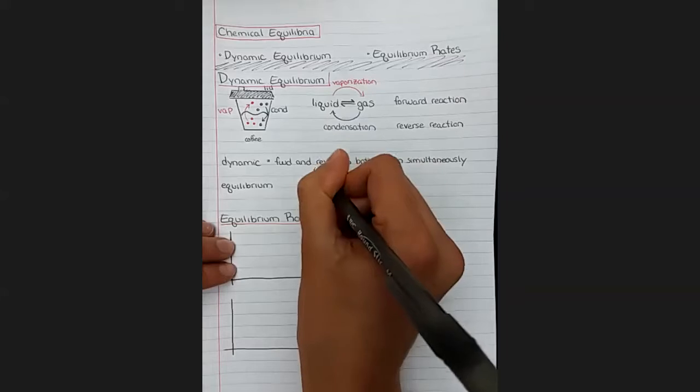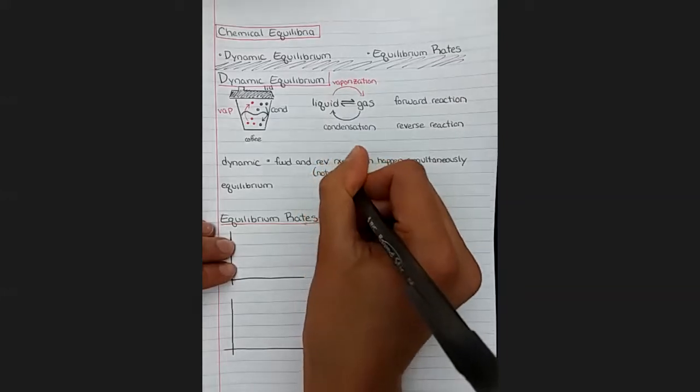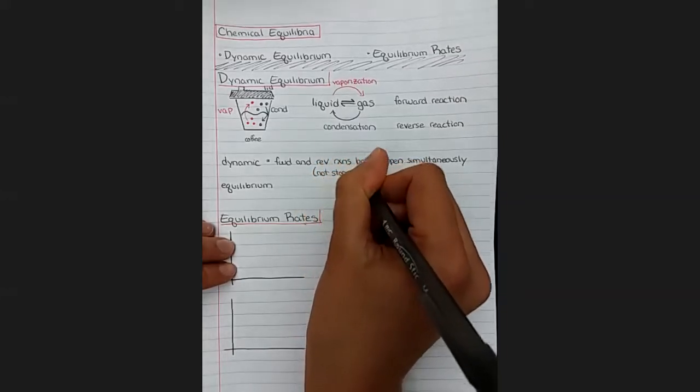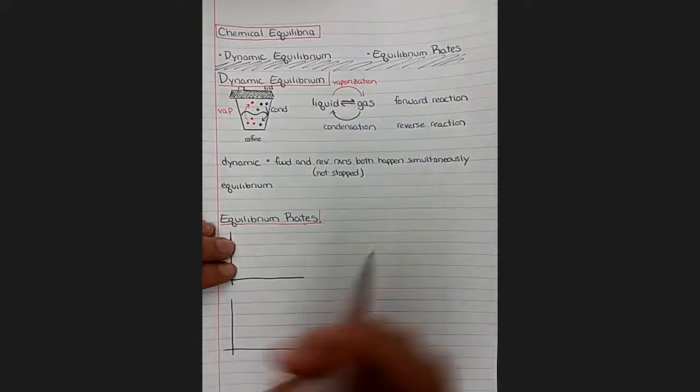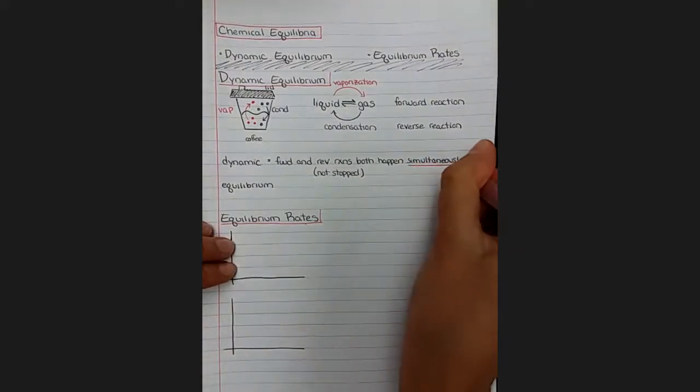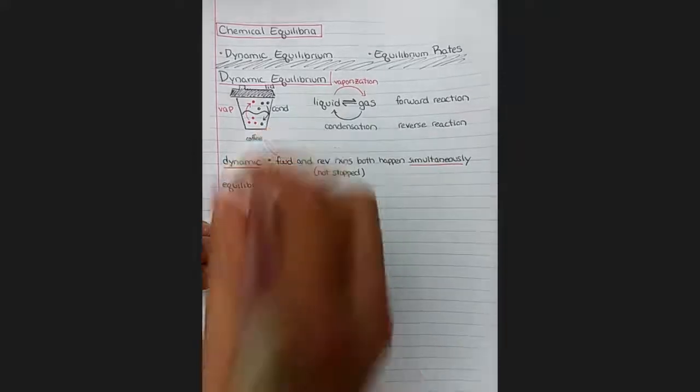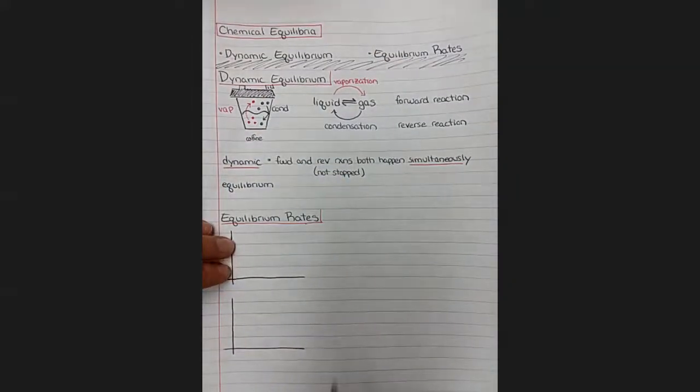At no point do the reactions stop. They might be progressing slowly, but they don't stop. They are both happening simultaneously because it is a dynamic equilibrium.